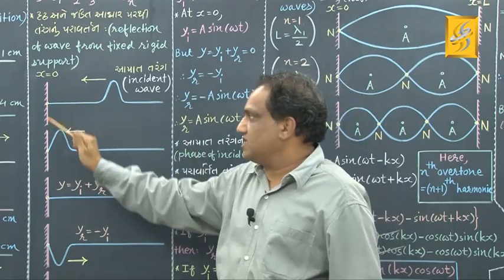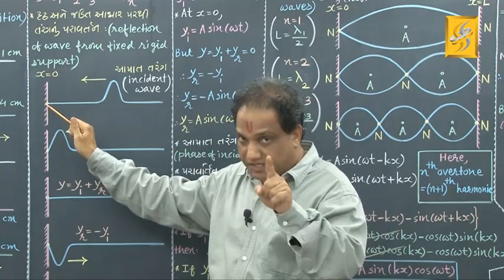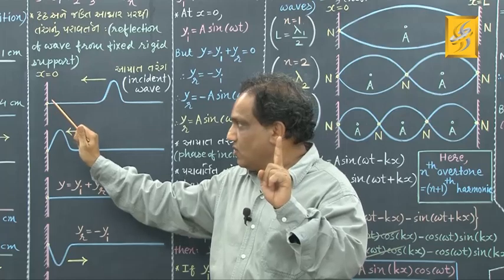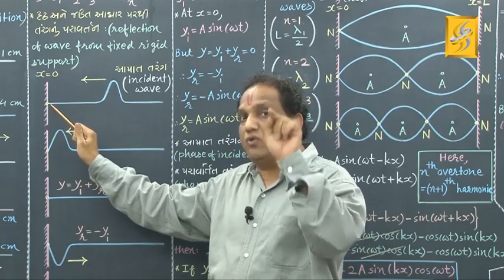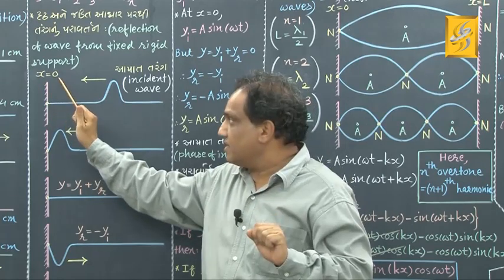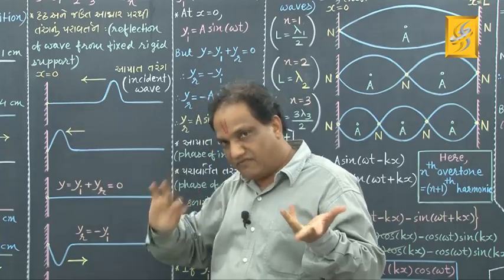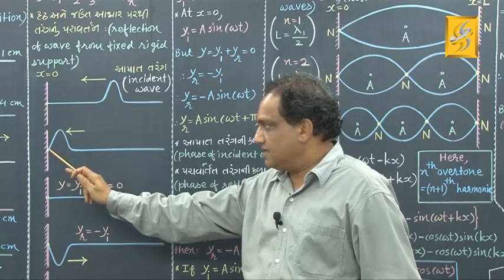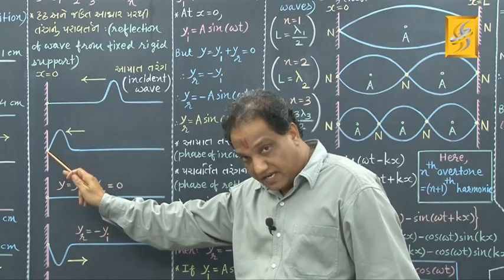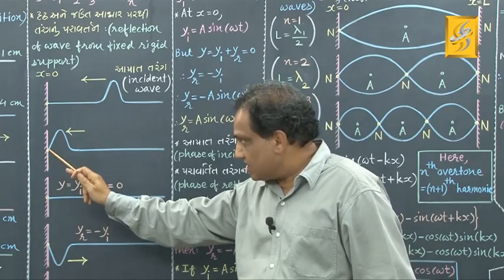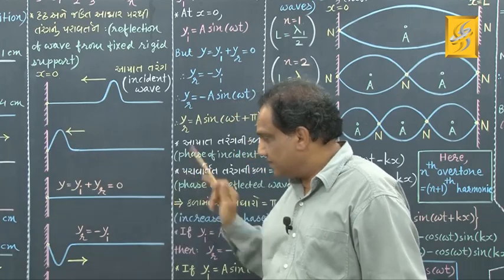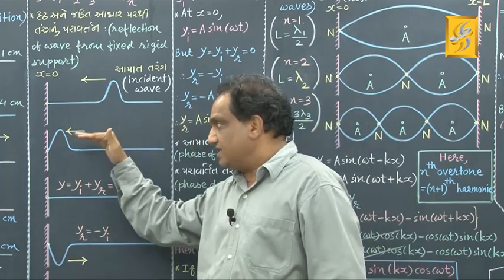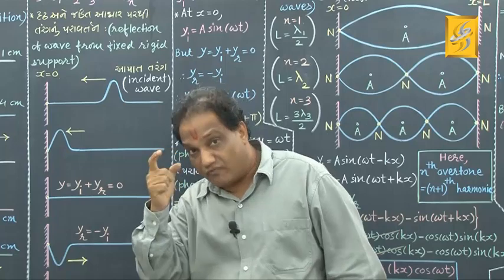Suppose this fixed rigid support is kept at the origin, and for any particle on the string which is at the origin, its x coordinate must be 0, correct? Fine. Now when this pulse is incident at this very particle, at this very position, the situation is like this, correct? Because this wave is made incident, we call it the incident wave.